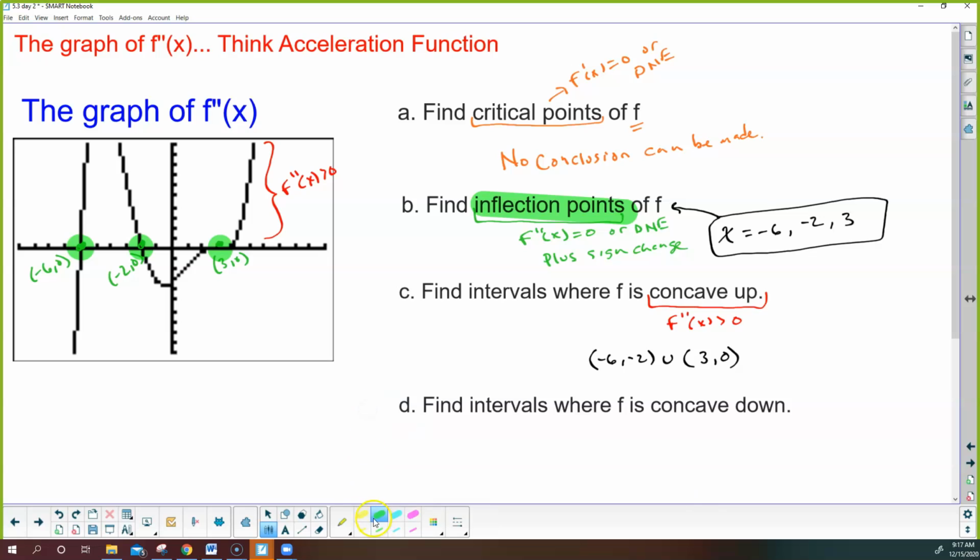And some students like the highlighting piece. So I know that the original graph is concave up anytime the second derivative is positive. And then where is it going to be concave down? Whenever the second derivative ends up being negative, which is below the x-axis this time.